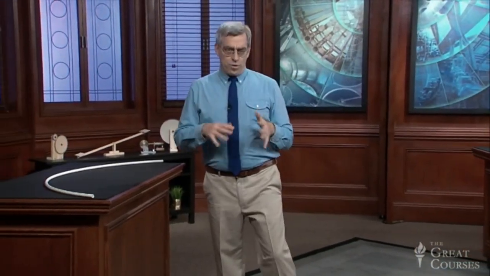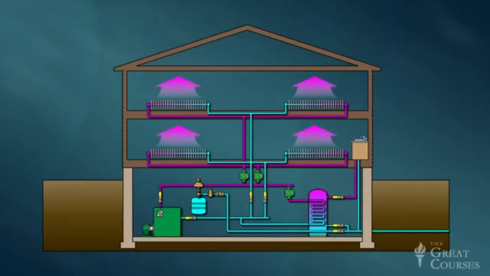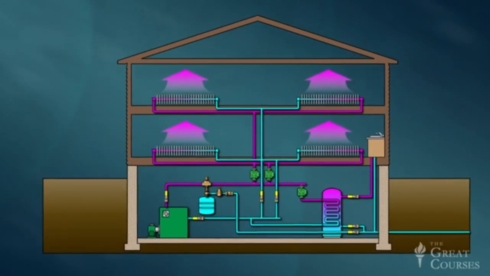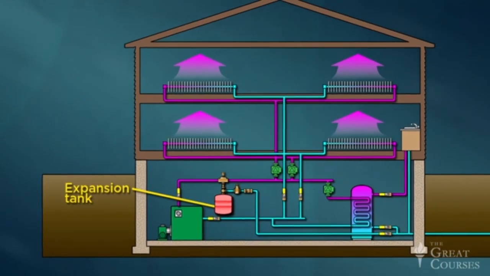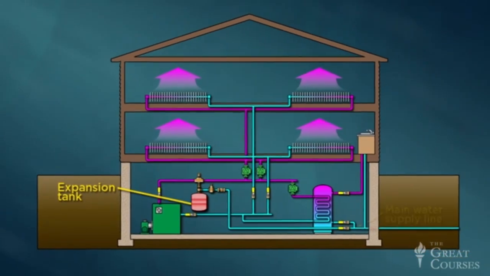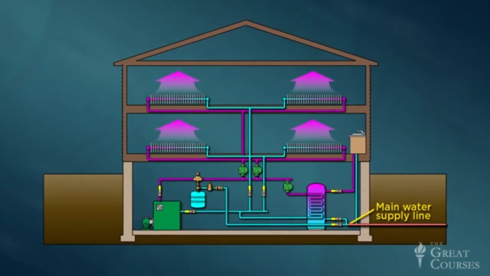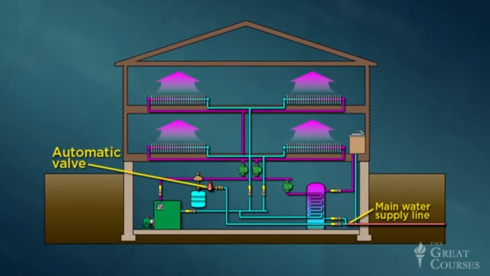Three other unique aspects of hydronic heating systems are worthy of note. First, because water in the closed distribution loops expands as it heats, the system includes an expansion tank to accommodate the water's changing volume. Second, to compensate for leaks and evaporation, the system is connected to the home's main water supply line with inflow controlled by an automatic valve.